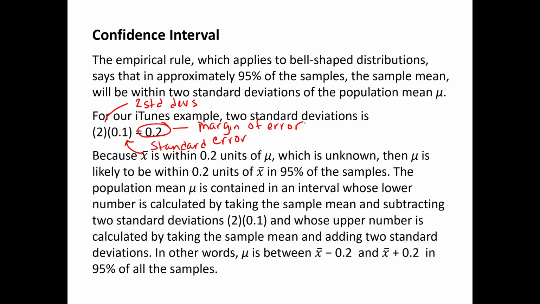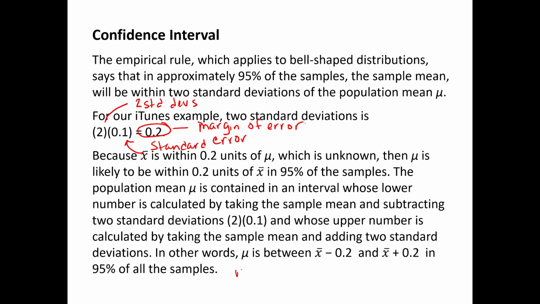That is called the margin of error. The population mean mu is contained in an interval whose lower number is calculated by taking the sample mean and subtracting the margin of error, and whose upper number is calculated by taking the sample mean and adding the margin of error. In other words, mu is between X bar minus the margin of error 0.2 and X bar plus the margin of error 0.2.